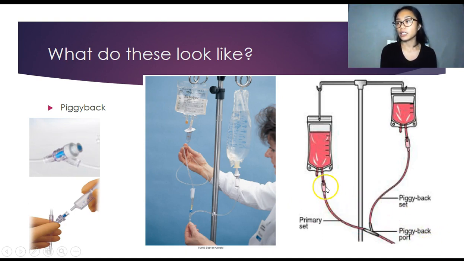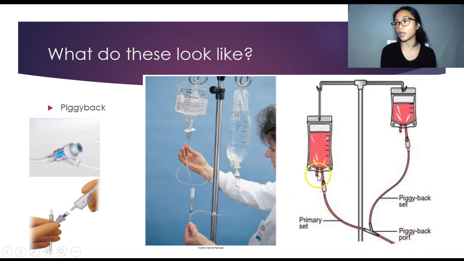It means that you can turn this one off, clamp it off, open this one instead, and usually the one that you're administering that's actually going through that you haven't stopped, you will need to put a little bit higher than the one that you have stopped. So in this situation, this is the primary set.